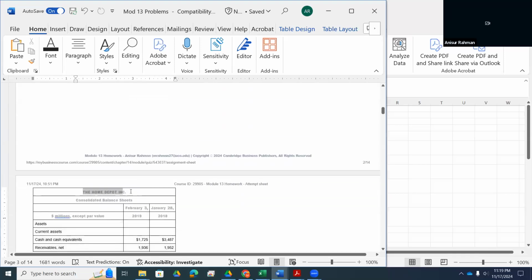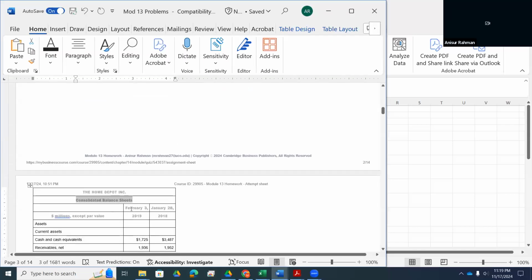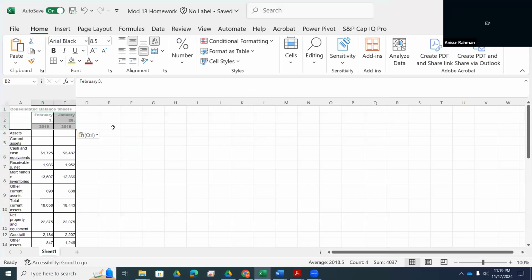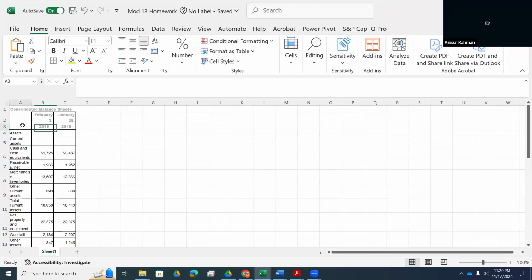Then I'll copy this individually, maybe just this consolidated balance sheet. Consolidated balance sheet, February 13, January 28, February 3, $1 million. Okay.